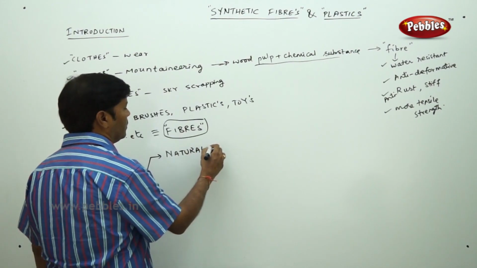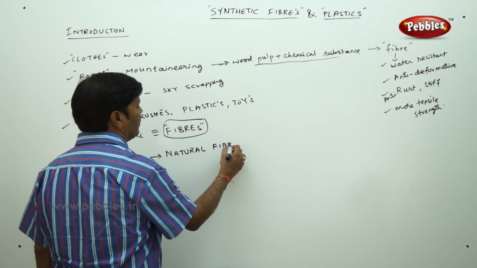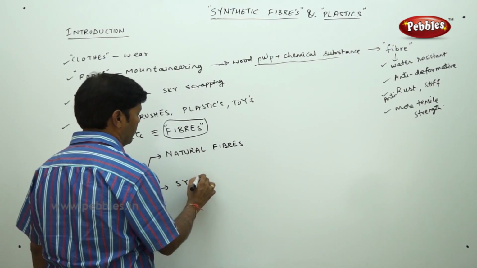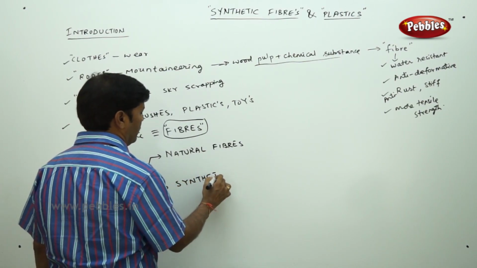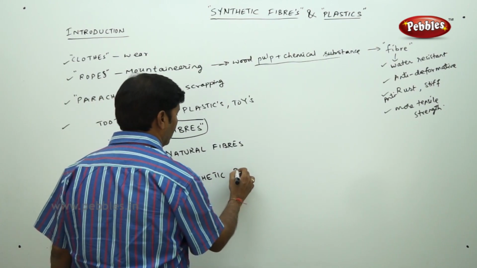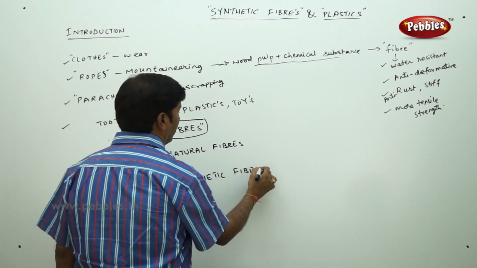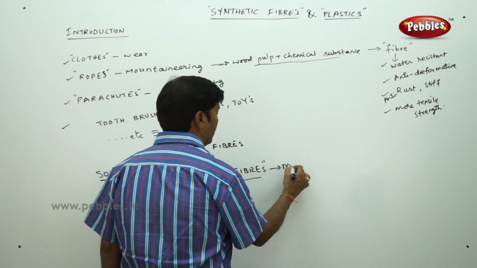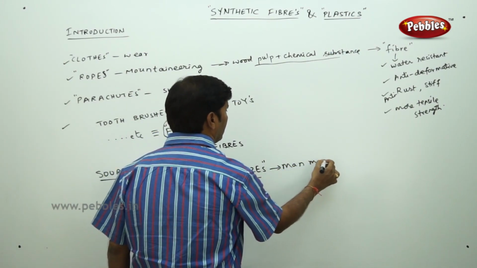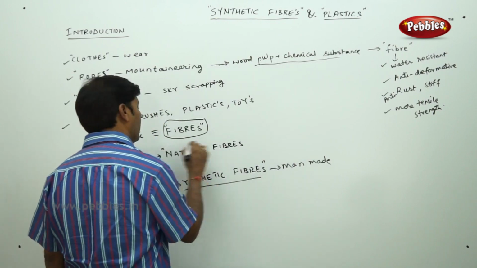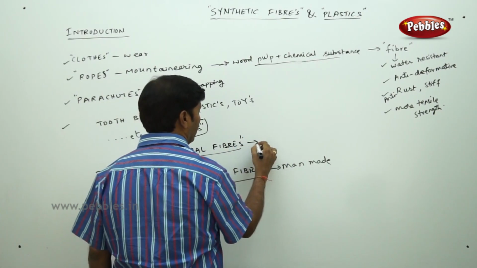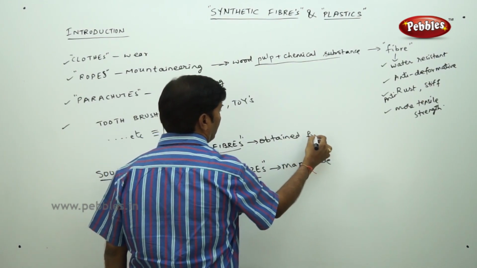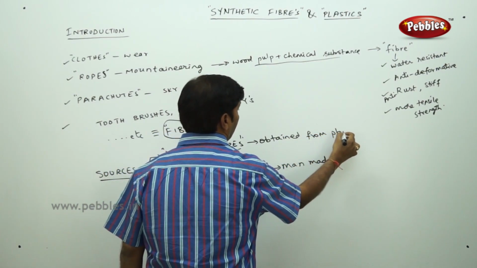If you go for sources, we have natural fibers and we have synthetic fibers. Synthetic fibers are man-made, and natural fibers are obtained from plants and animals.